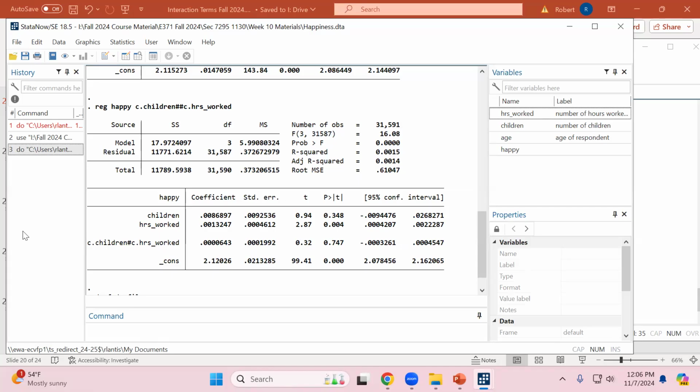The omitted variable bias says, when I estimate the effect of this variable kids, it'll be the true effect plus, I'll call this the coefficient on this important omitted variable times the covariance between this variable I'm looking at and the omitted variable divided by the variance of this variable I was looking at.